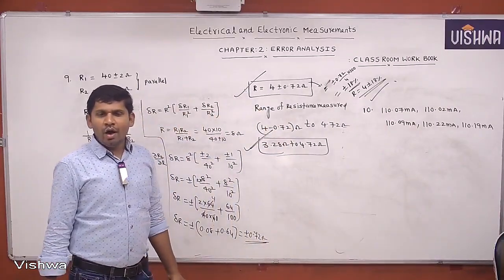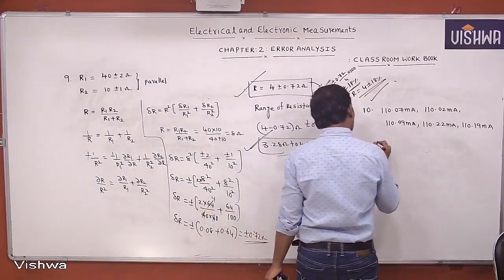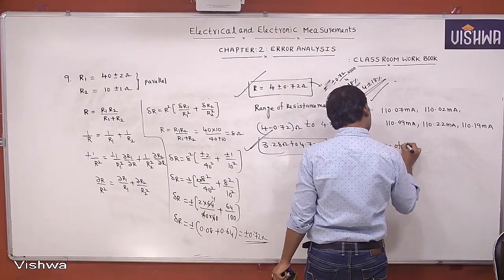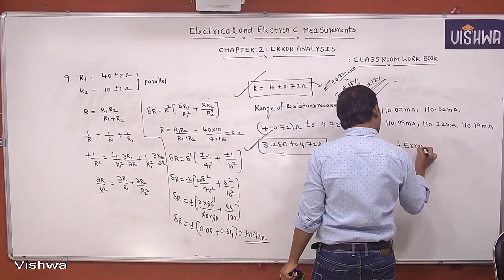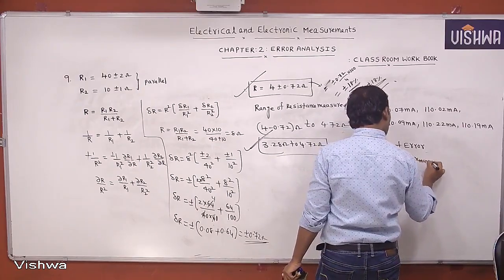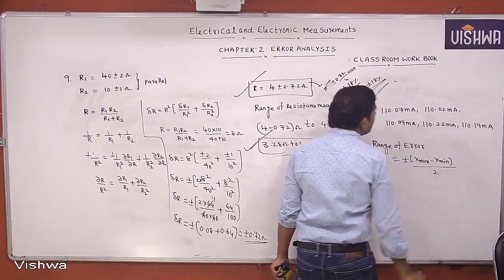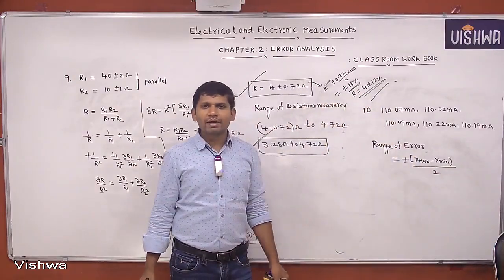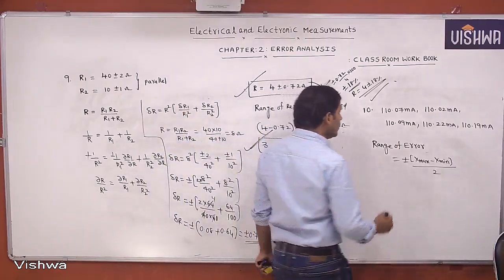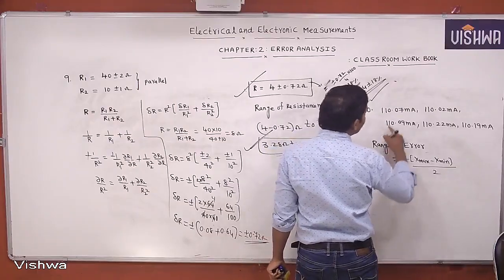But I have given how to calculate range of error, no? What is the formula for range of error, you tell me. Range of error equals plus or minus x maxima minus x minima by 2. This formula you know. Tell me, what is the maximum value in this case?